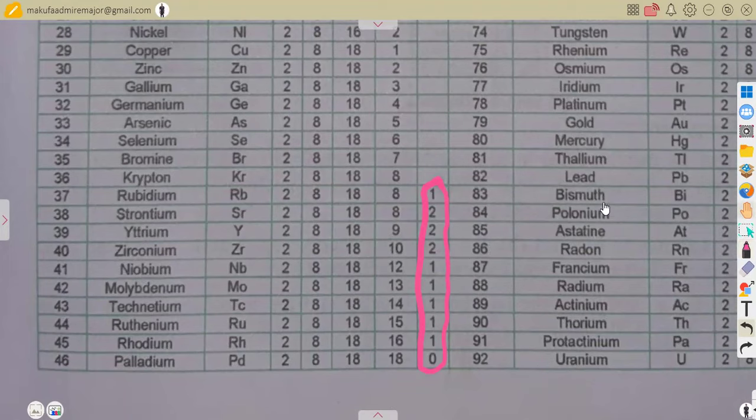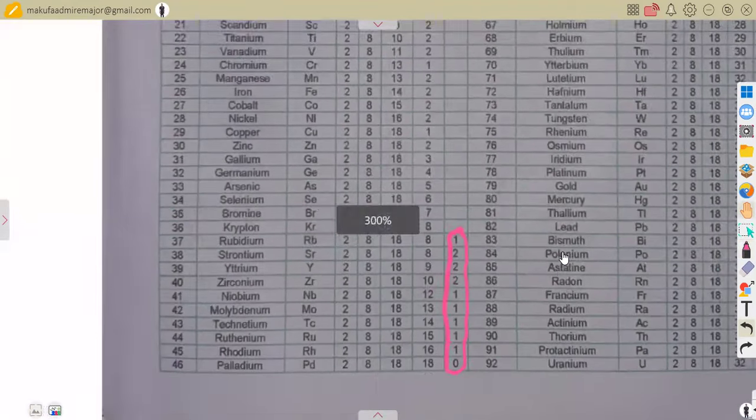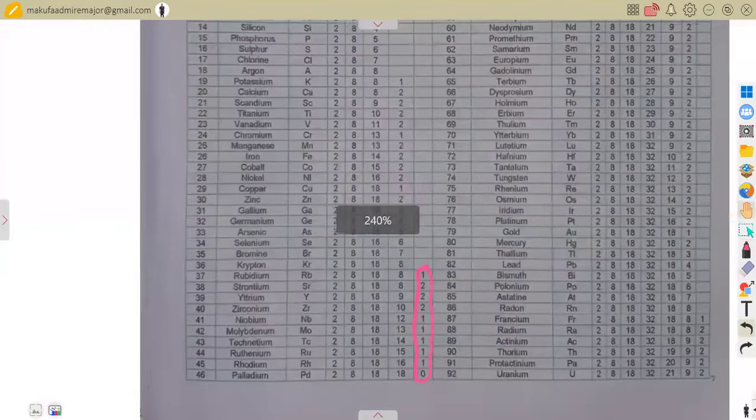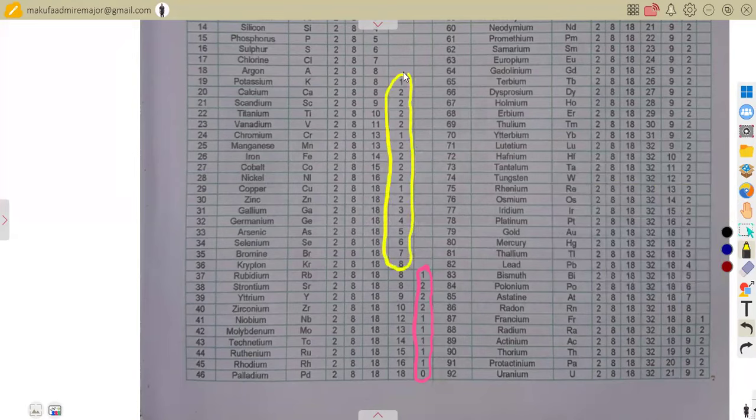If you're talking about these ones within this column, their valence is this part. From these ones, this is going to be their valence electrons, up to this 8. So these are the electrons that we have in the valence.